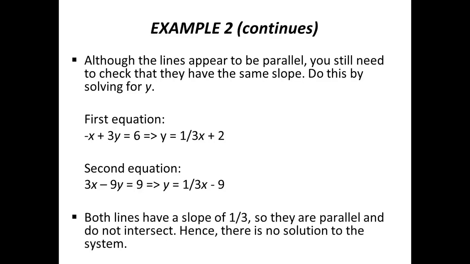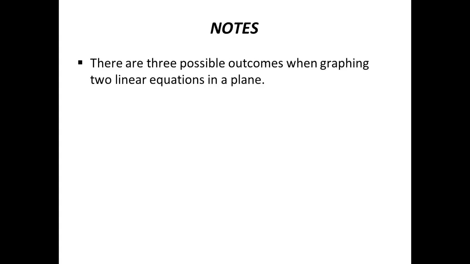We see that the slopes on both of these are positive 1/3, so the lines are parallel by definition. Hence, they will never intersect, and there is no solution to this system. This is referred to as an inconsistent system.